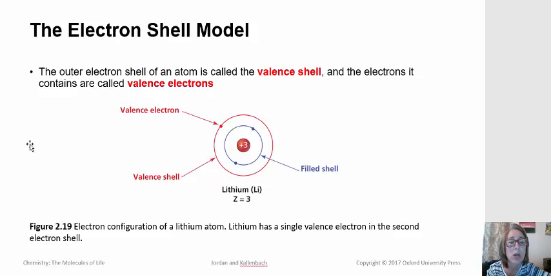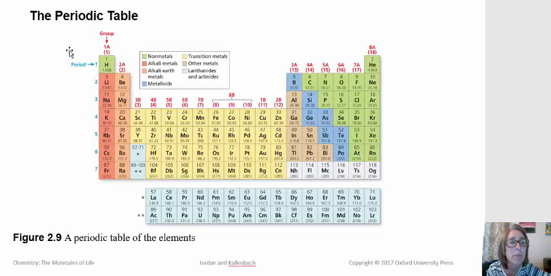It is electrons in the shells that are farthest from the nucleus that engage in chemistry, and that's what we care about. So how do we know what the valence shell is? If we look at the periodic table, the period tells us the valence shell of the atoms that we care about.